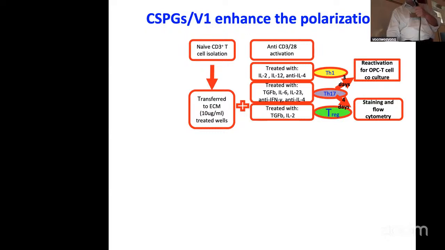So a mixed CSPG mixture that you buy commercially, containing versican V1 but also other lectican CSPGs, or purified versican V1, both of which can increase the frequency of Th17 cells that form. So very pro-inflammatory, besides helping immune cells cross the blood-brain barrier. They also have a role in polarization of T cells along a very pro-inflammatory Th17 pathway.